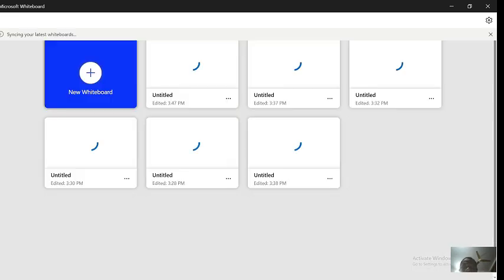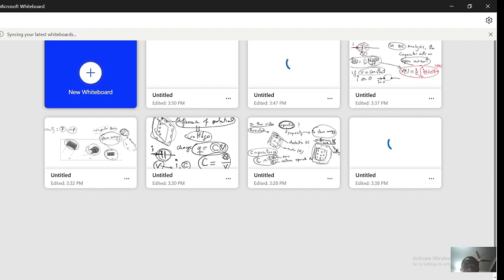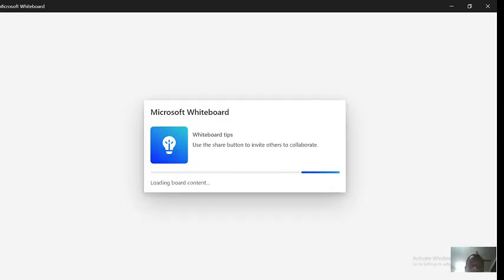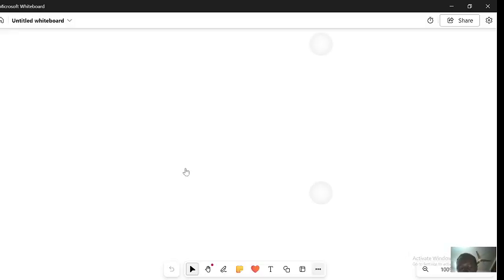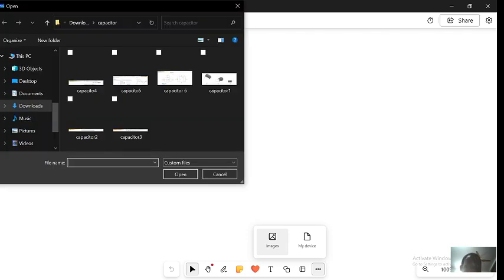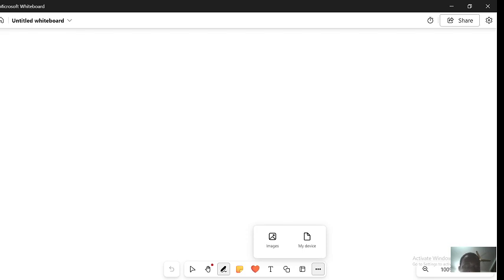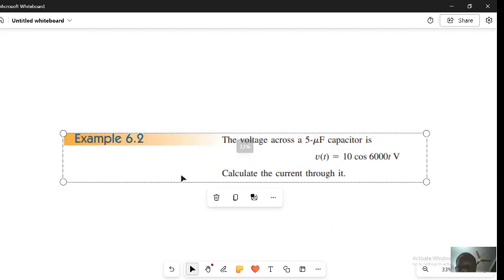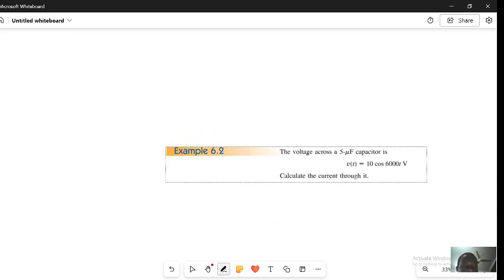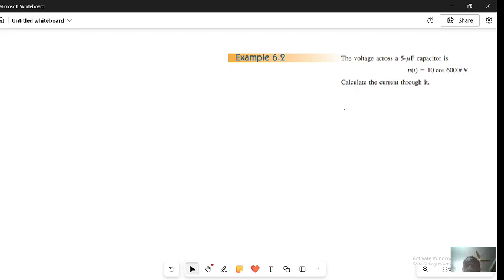Now let's see another example so that we can finalize this topic. Now in this example, the voltage across the capacitor is given.